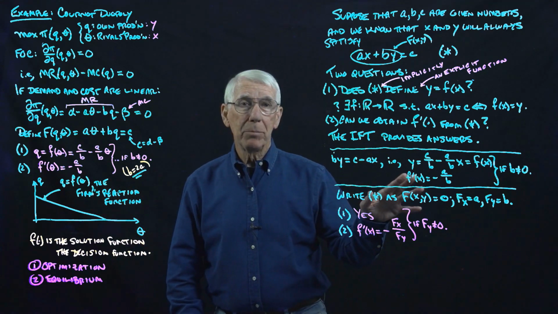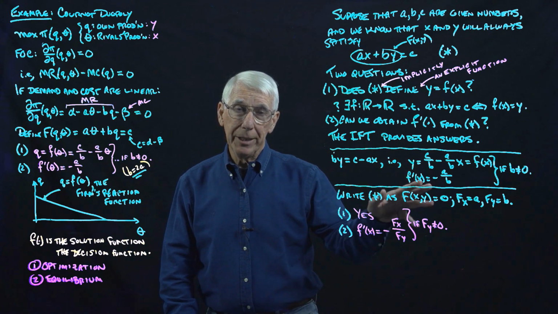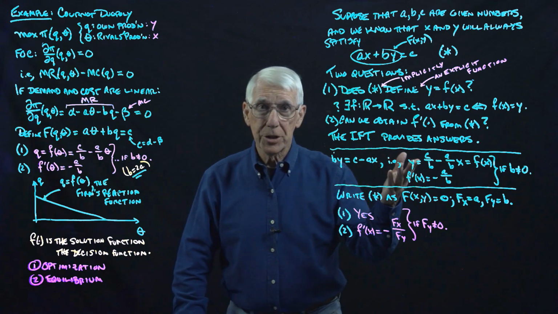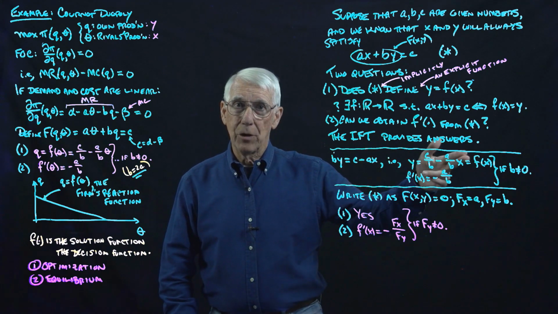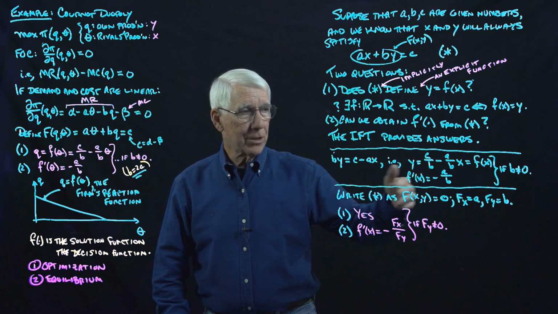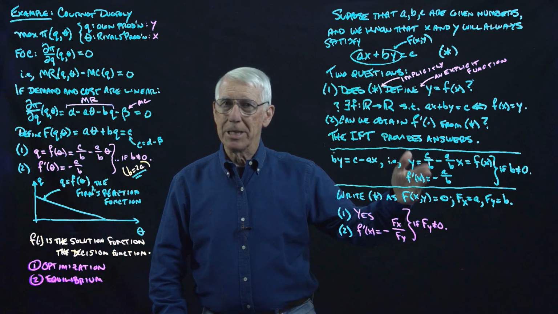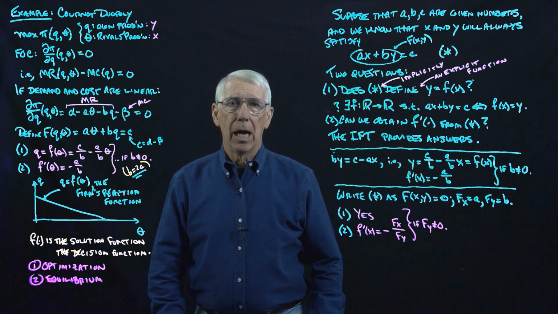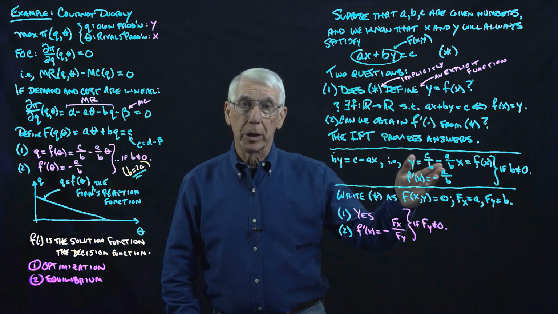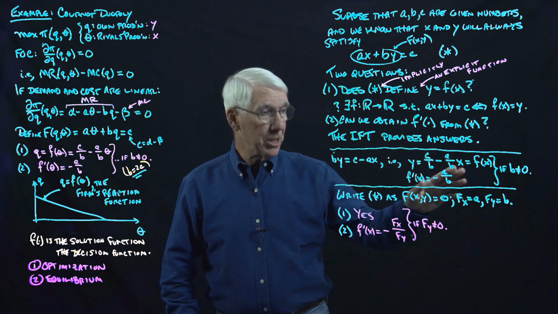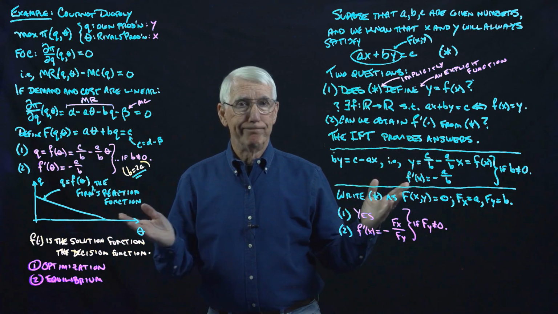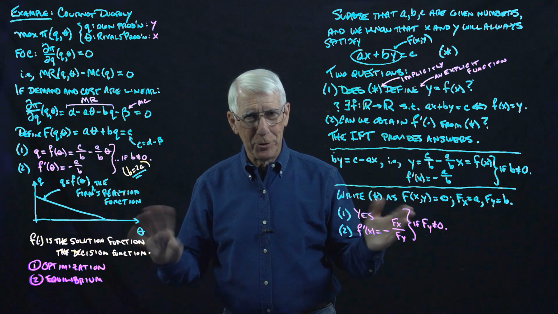And we don't need the implicit function theorem more generally over here. We can, of course, easily get the function y equals f of x, where the function is c over b minus a over b times x. And this works if and only if b is not 0. We don't need the implicit function theorem to do any of that.